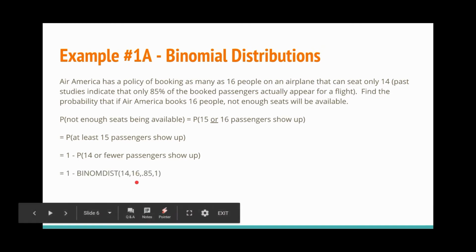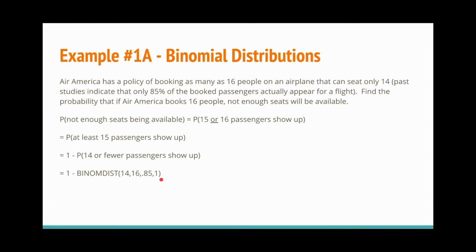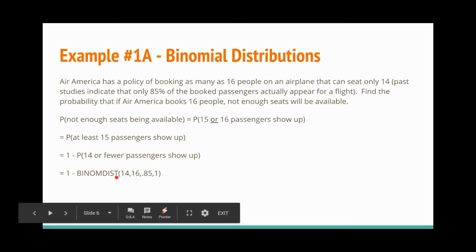And this also is a binomial distribution calculation. The difference, though, is that in the spreadsheet command, the 1 at the very end stands for whether or not you're computing a cumulative probability. And in a cumulative probability, we're adding up all of the possible probabilities from 0 up to this number.